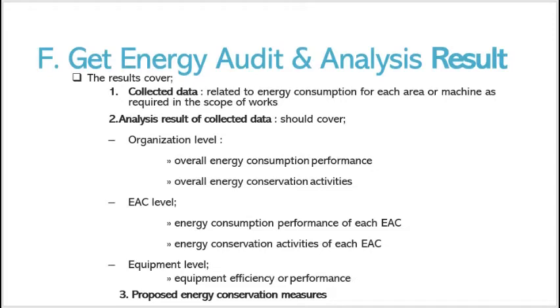At the EAC level, should analyze the energy consumption performance for each EAC and the energy conservation activities of each EAC, while on the equipment level, should analyze equipment efficiency or performance.